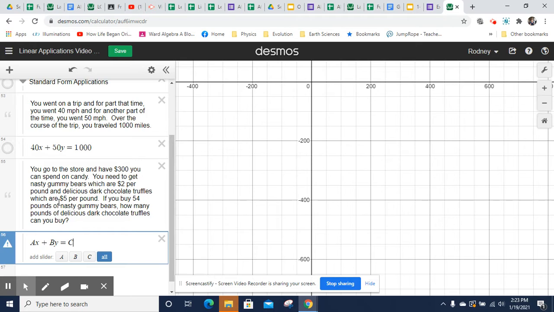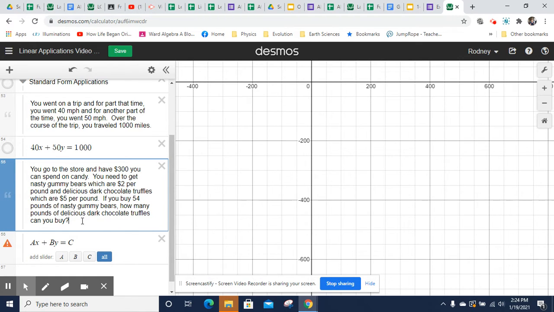And how much you can spend on dark truffles depends on how many pounds of dark chocolate truffles you get. So we can figure out how much you would spend on the gummy bears by multiplying $2 times the unknown number of pounds. And for chocolate truffles, $5 times the unknown number of pounds.